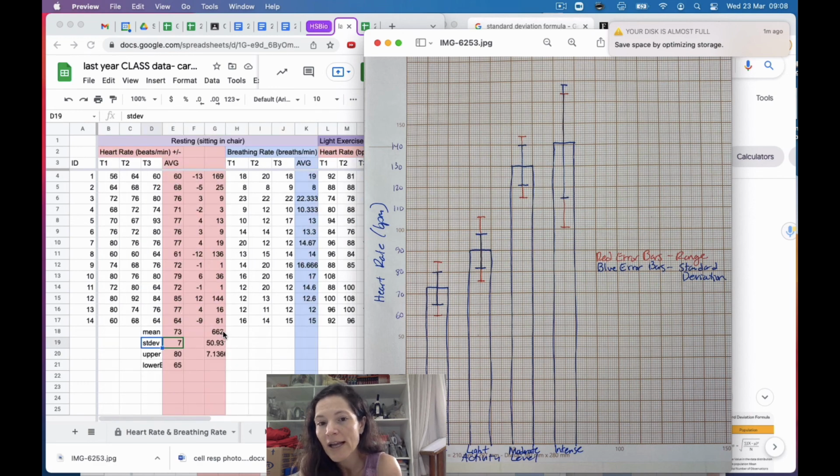You don't need to know how to calculate it, even though maybe you've done that before. But really, understanding what it is and how we use it to say whether averages are significantly different. So here we could say heart rate goes up with increasing levels of activity, but it doesn't increase significantly when you go from, in this case, jumping jacks to squat jumps from the data that we had.